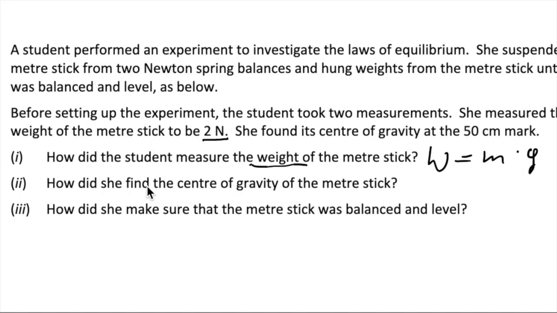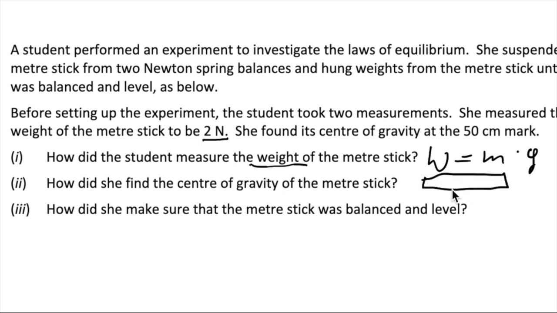How did the student find the center of gravity of the meter stick? This asks you to recollect when you carried out this experiment in your labs. If you remember, one of the steps in the experiment was finding the center of gravity of the meter stick.